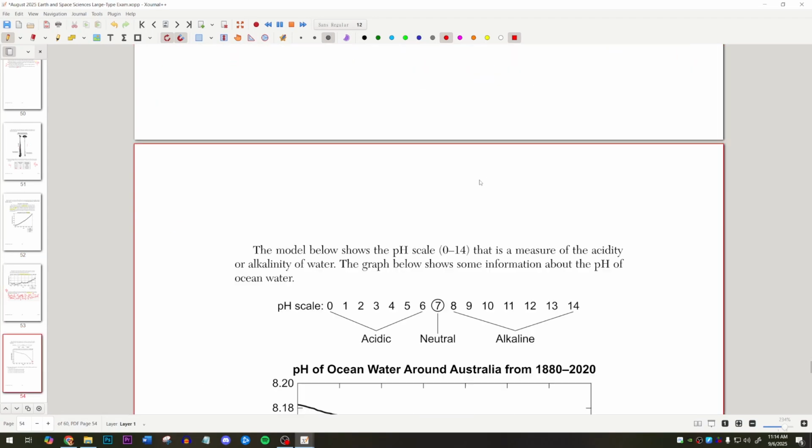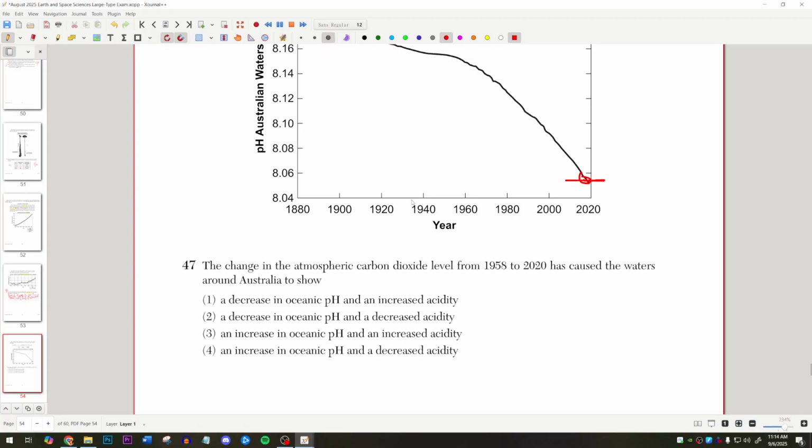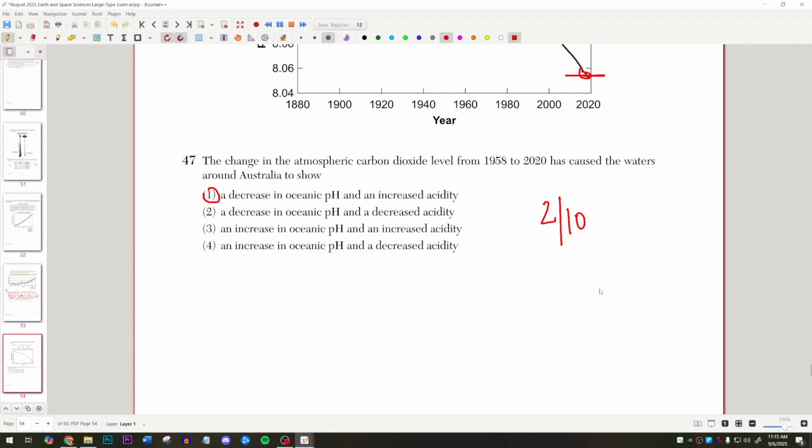So we're going to remember that. The change in carbon dioxide level has caused the waters around Australia to decrease in pH and increase acidity. 47 is so easy. This is a 1 out of 10, plus 1, so that's a 2 out of 10.